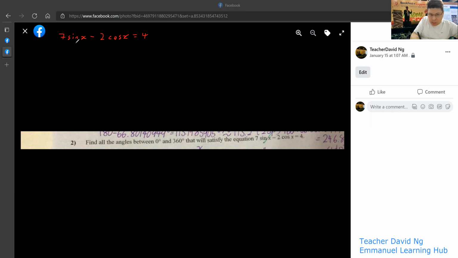You have your sine function and your cosine function, so that makes it difficult for you to solve them. Therefore, you have to use the R formula. So basically what R formula does is to convert this original equation, which has multiple trigo functions, into one trigo function. In this case, it's your sine function.